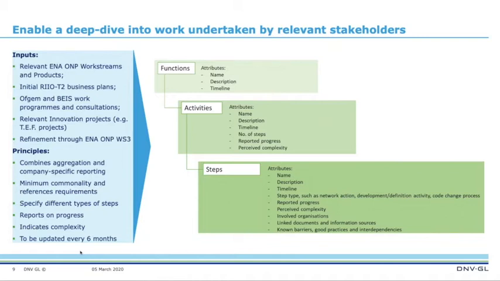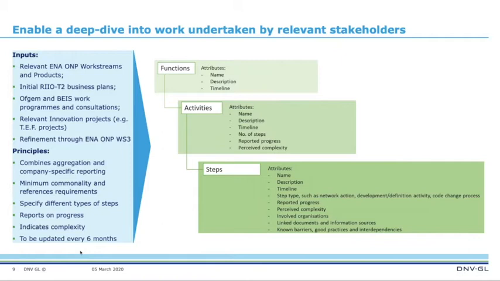For instance, if you were to access a step under an activity that sits with the networks, in some cases this will reflect an aggregated timeline across, for instance, the 6 DNOs delivering the same piece of capability in broadly the same timeline.